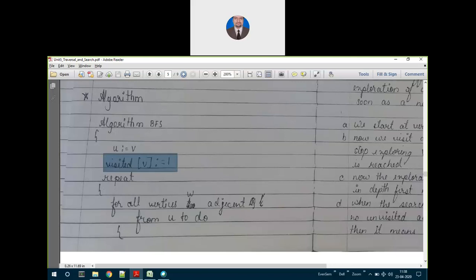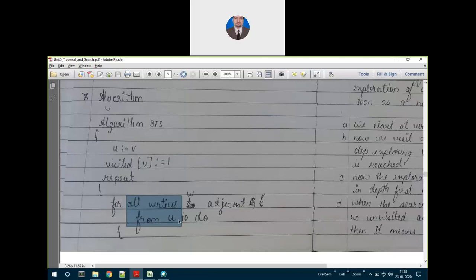Then I run a loop in the repeat until, and inside it another loop, a for loop. What is the condition we are specifying here? For all vertices w adjacent from u.